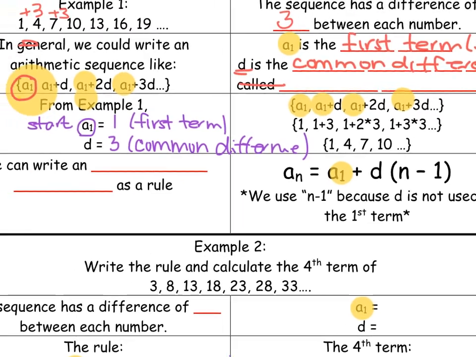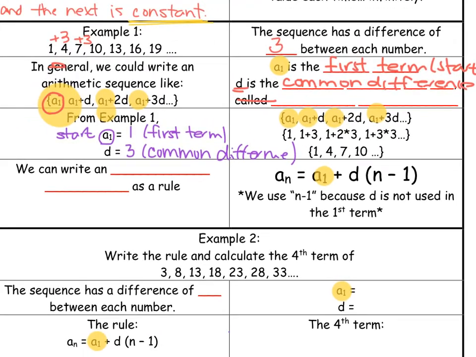So let's look over here at this section. We want to write a rule so that we can find any term. We have 1, 2, 3, 4, 5, 6, 7 terms here. Well, what if I wanted to find the 100th term? I don't want to keep on adding 3 a hundred times, so I need to come up with a rule.